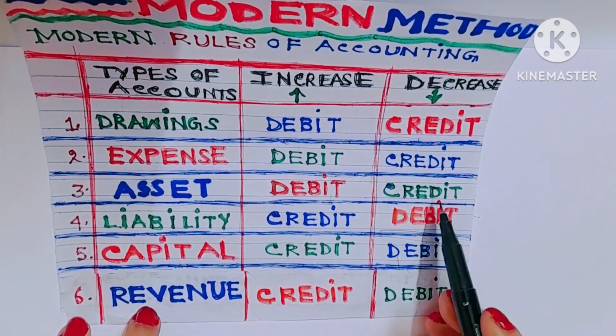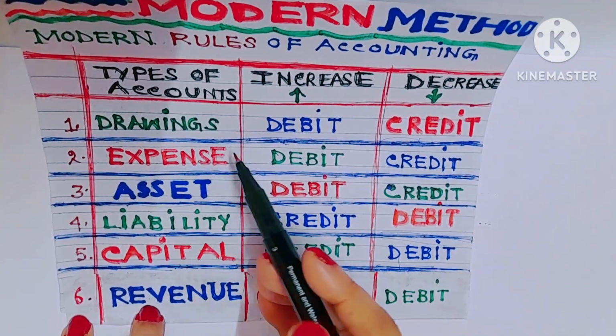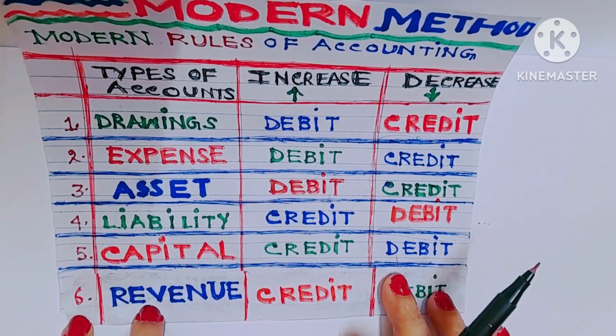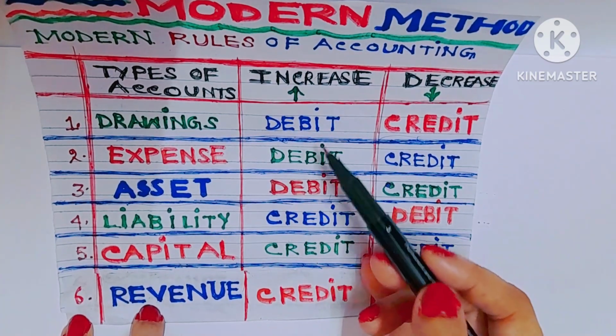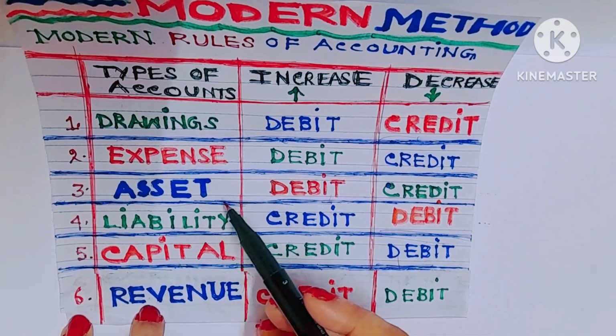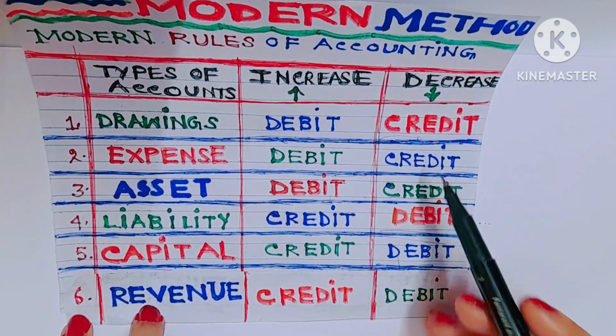Understood? So, this will be easy to remember. Please remember, if drawings, expense and asset accounts are increasing, then these three accounts will be debit. If they are decreasing, then these three accounts will be credited.